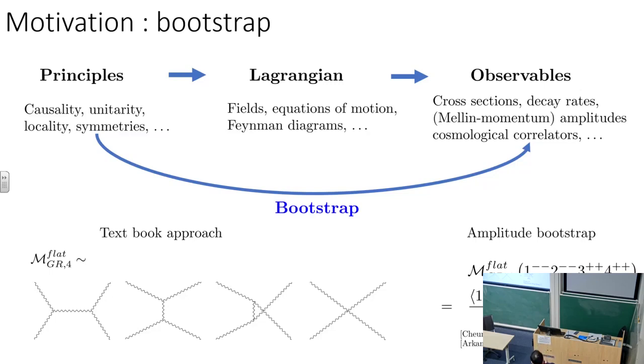For example, if we do the same thing for four-graviton scattering in flat space, using amplitude bootstrap this just gives us that the amplitude in this given helicity configuration is just this one term here.